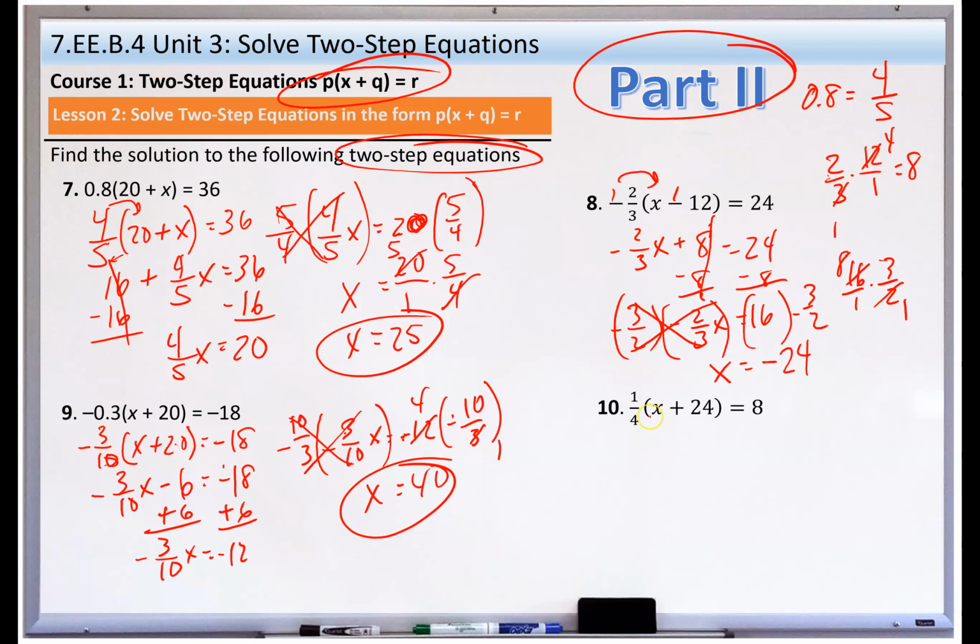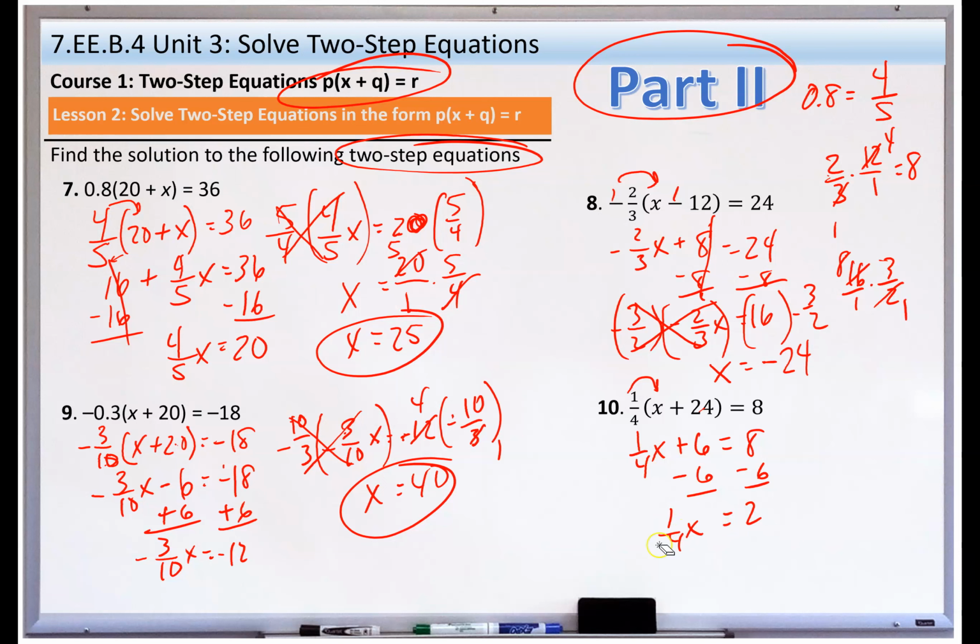1/4 looks good. Why? Because I know if I multiply by 1/4, I'm actually dividing by 4. I can divide 24 by 4, so I'll leave it like that. So I must distribute by 1/4. Add 1/4 times x plus 1/4 times 24, which is 24 divided by 4, which gives me 6. I subtract 6 from both sides. 1/4 times x equals 2.